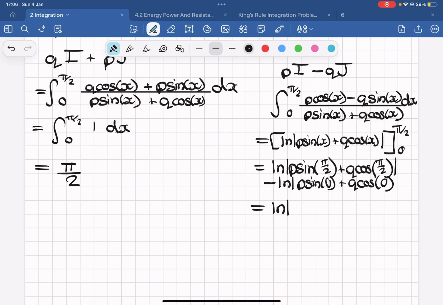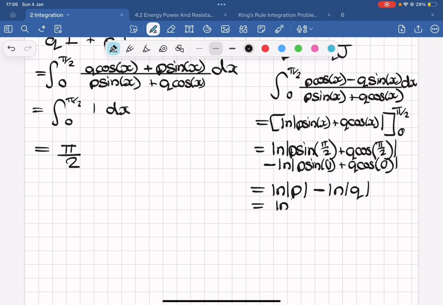We have ln p sin pi over 2. Sin pi over 2 is 1, so we've just got p plus q cos pi over 2. Cos pi over 2 is 0, so we just have ln p for the first expression. We're subtracting ln p sin 0, which is just 0, and q cos 0, which is just q.